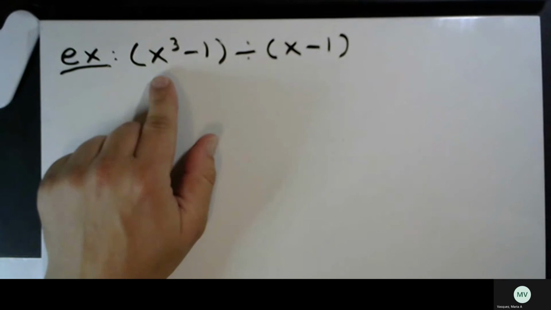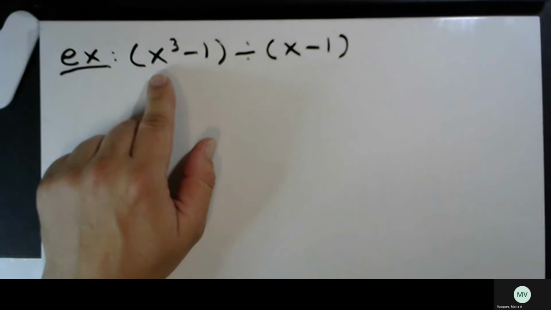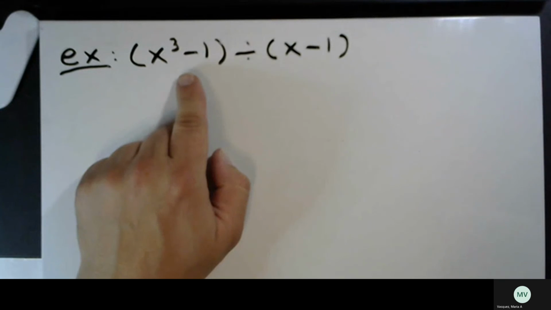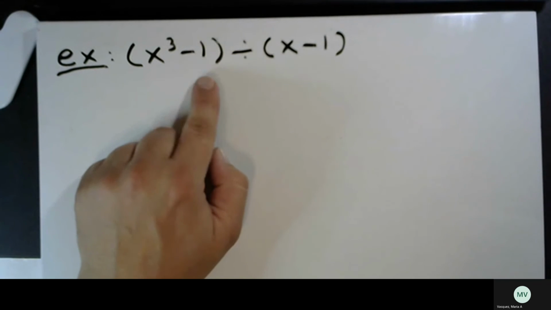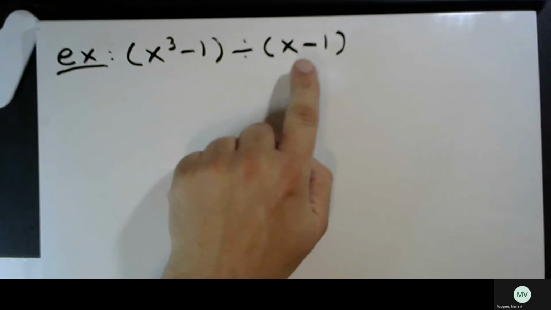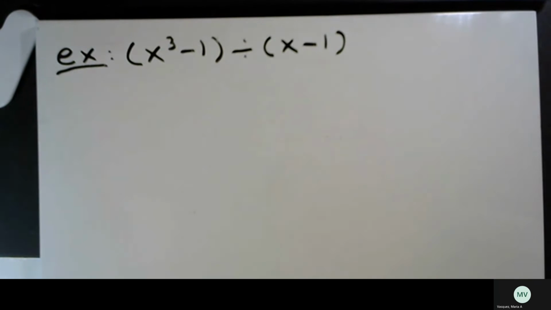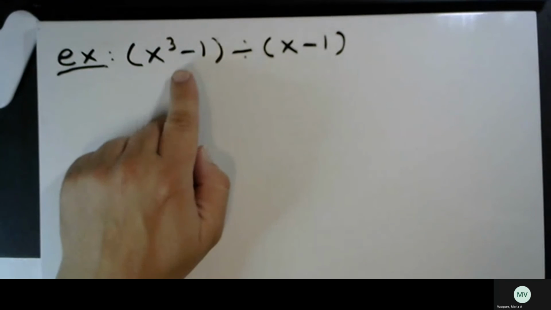If you have the highest degree term and lowest degree term, we want terms that represent the degrees in between. Now this is degree 1 and degree 0. There's no whole numbers between 1 and 0, so this is complete. This is fine.